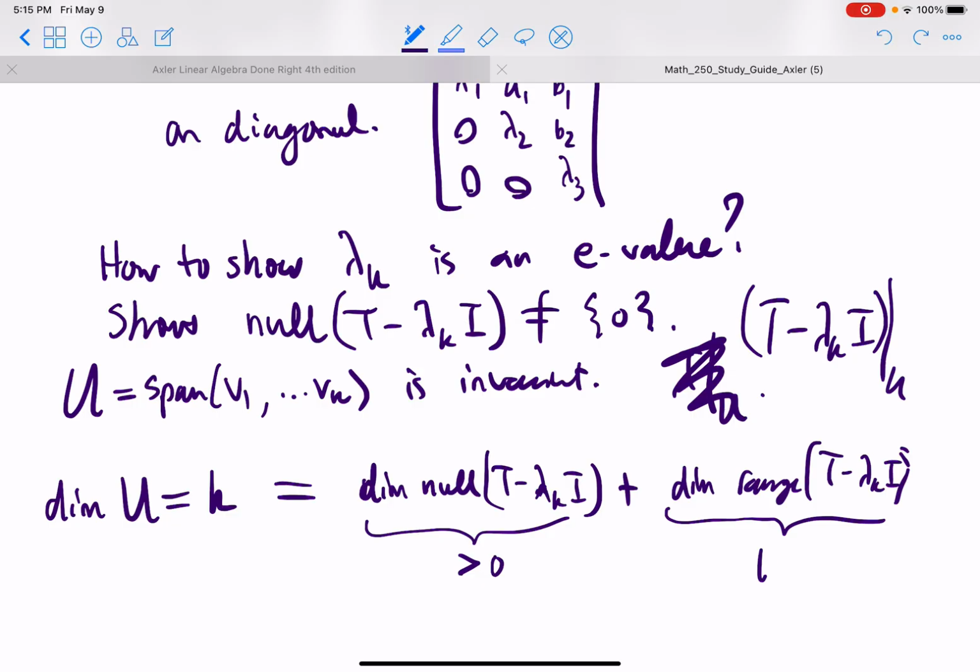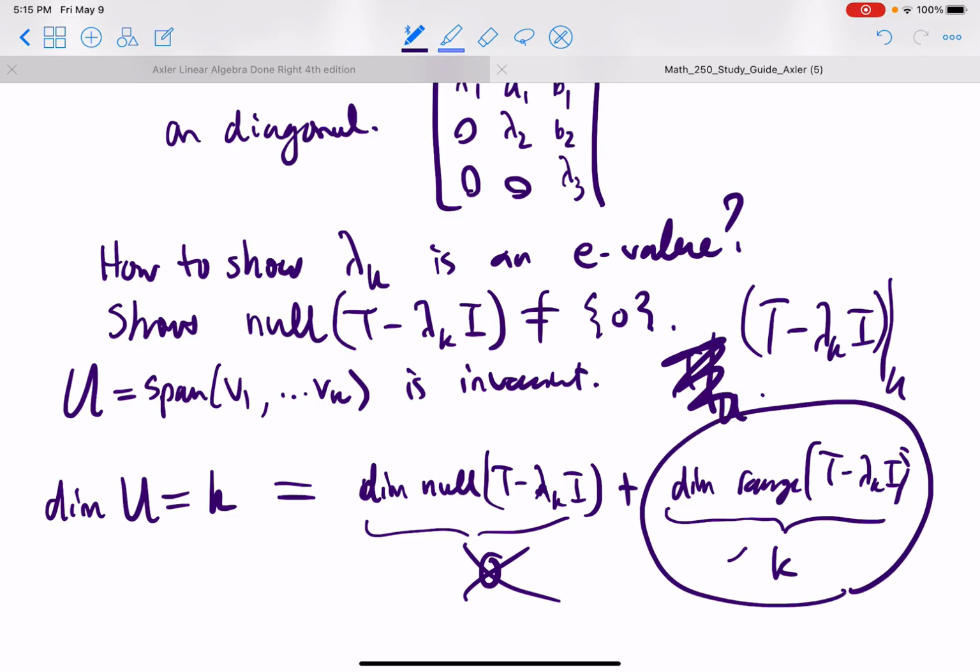If it was k minus 2, the null space would be 2. The only thing that can go wrong is if the dimension of the range is k, then the dimension of the null space could be 0, and then we don't have an eigenvector. So we'll show that the range has dimension less than or equal to k minus 1.